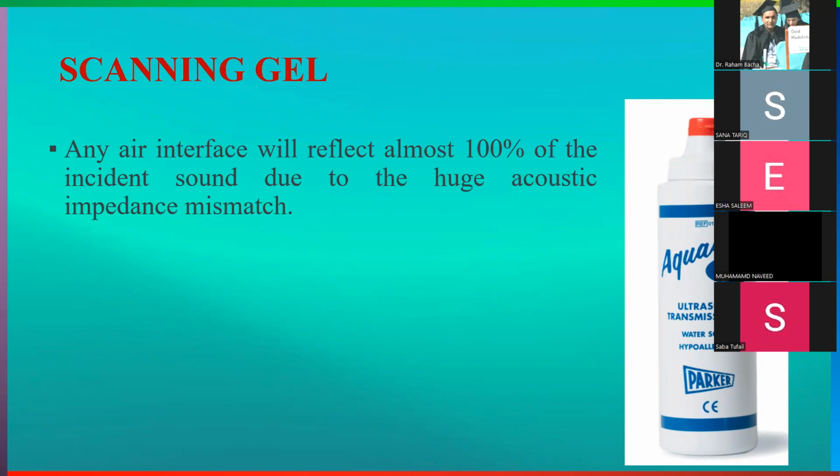So there is a huge difference. And now you can calculate the IRC between the soft tissue and the transducer crystal. So Z2 is 29 and Z1 is 1.63. Then you can calculate it.